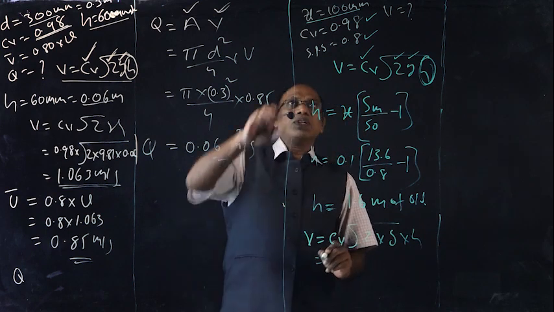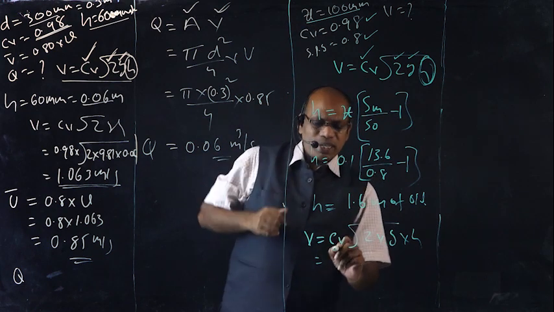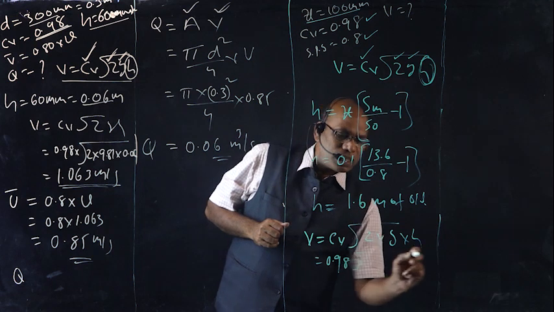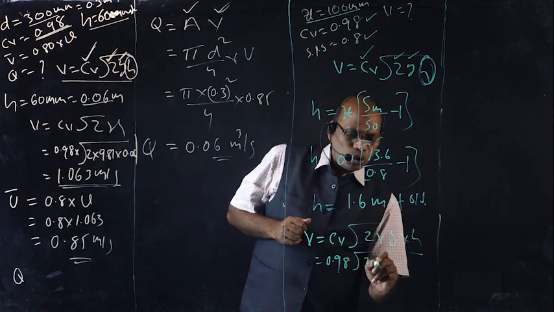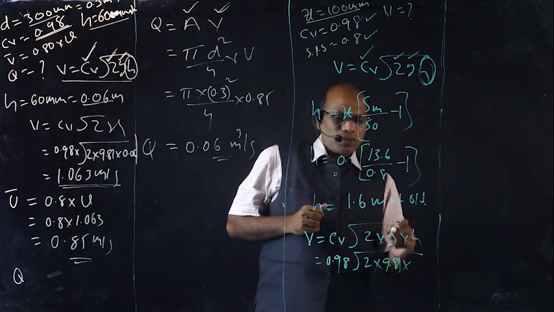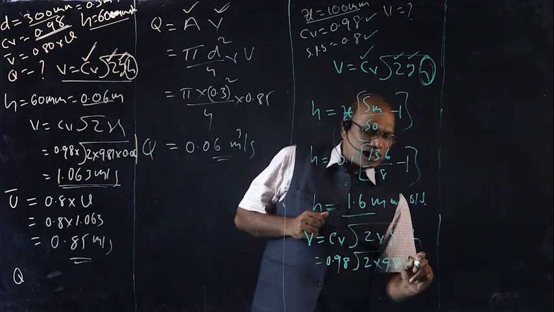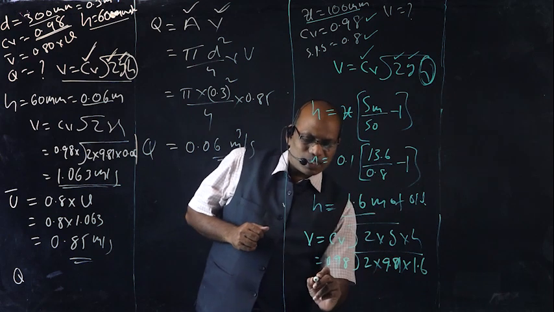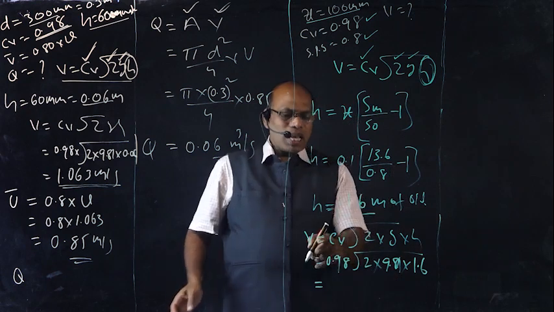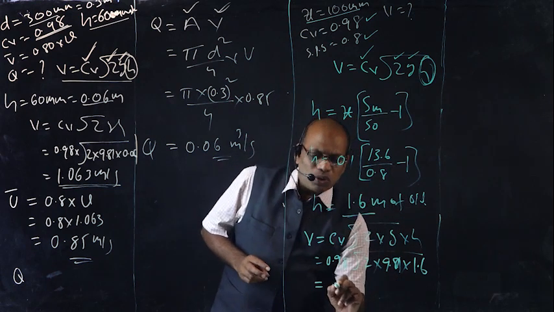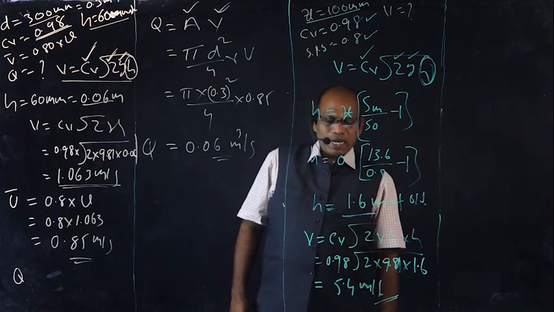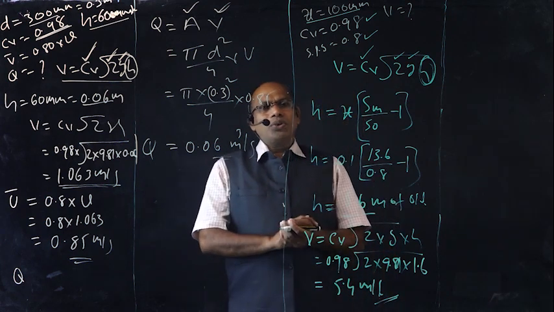Now Cv is equal to the coefficient of pitot tube given, that is equal to 0.98, square root of 2 into g value 9.81 into h we have determined here, that is equal to 1.6 meters. Therefore the velocity of flow through the pipe V is equal to 5.4 meters per second. Right, these are the problems related to the pitot tube.